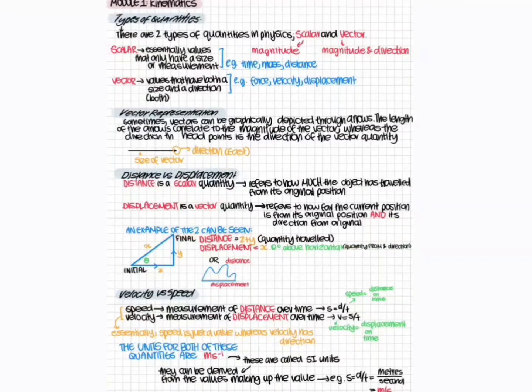Final distance equals z plus y, because the person moved from here to here. So the distance they traveled is the sum of those two sides. Meanwhile, the displacement is the length from the final to the original. So it would just be the length of x over here.